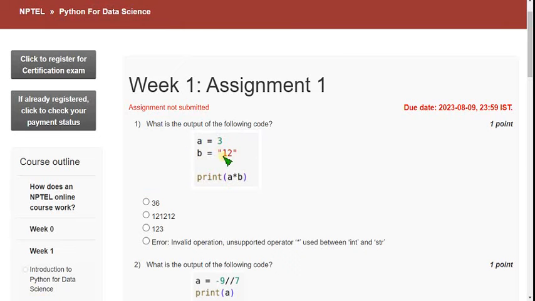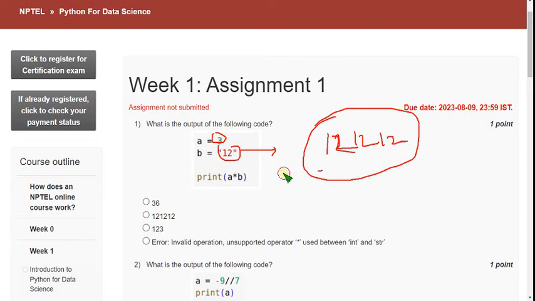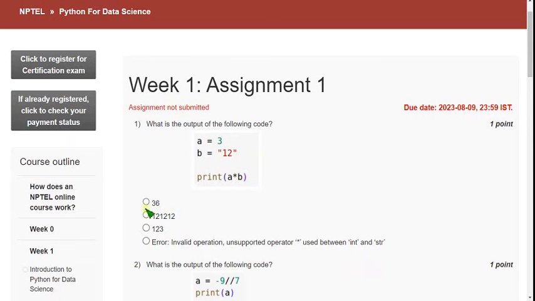So this 12 is a string and it is multiplied by 3. Here it is not the number 12, it is a string "12". So how many times is it multiplied? Into 3. That means 1 2 1 2 1 2. It should be displayed like this. So that is the second option. Mark the second option as the correct answer.